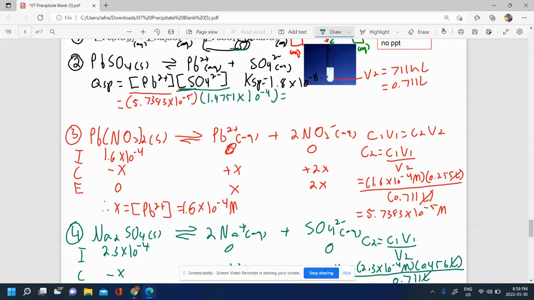And we can plug all this into our calculator to get the QSP value. So 5.7383 times 10 to the power of -5 times our other concentration.